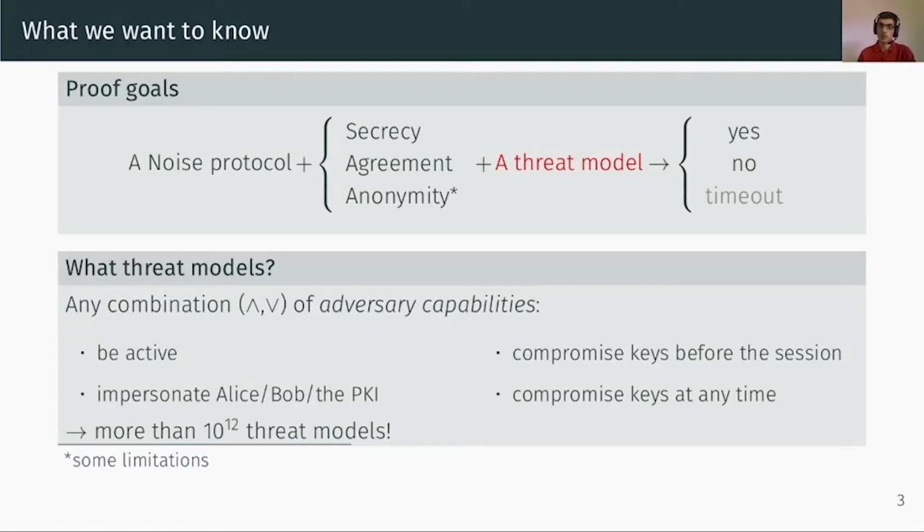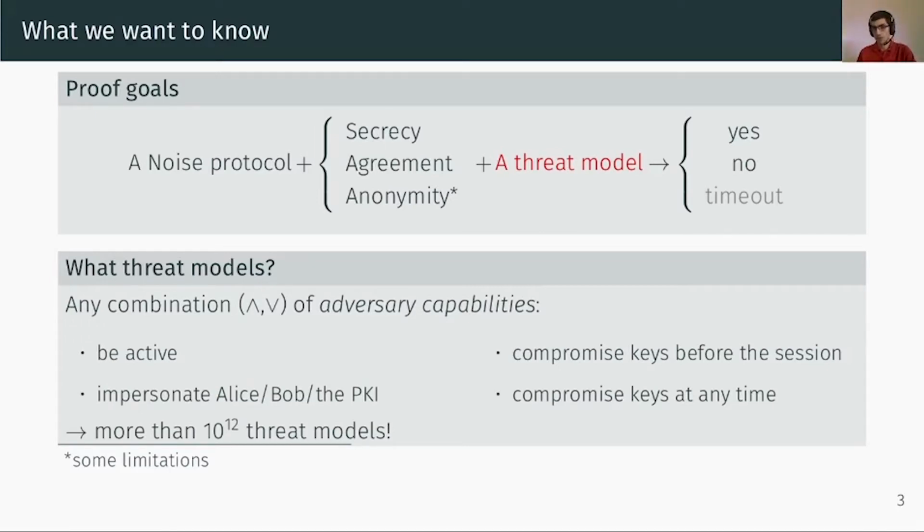We even distinguish between compromises before the session and other compromises. This list was established to allow us to model more advanced properties like key compromise impersonation resistance and perfect forward secrecy. The key element is that you can combine these capabilities freely with the AND and OR operators.